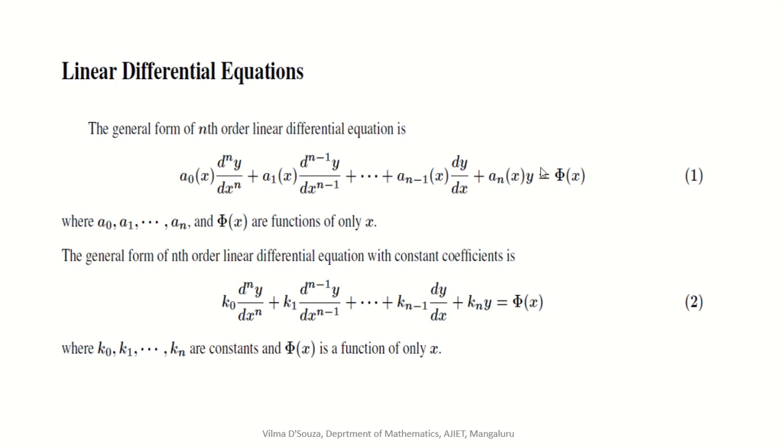This is an equation of nth order. In your problems you may get a second order, third order, or at the maximum fourth order. The maximum value of n may be 4.